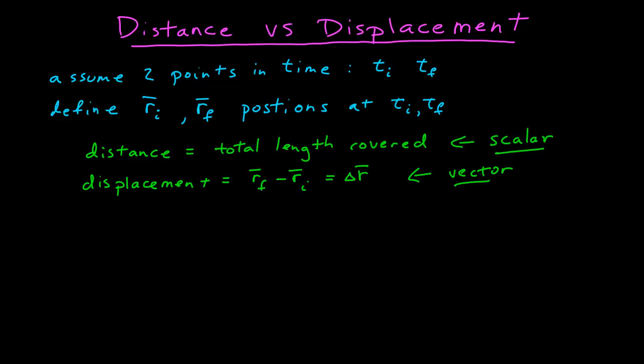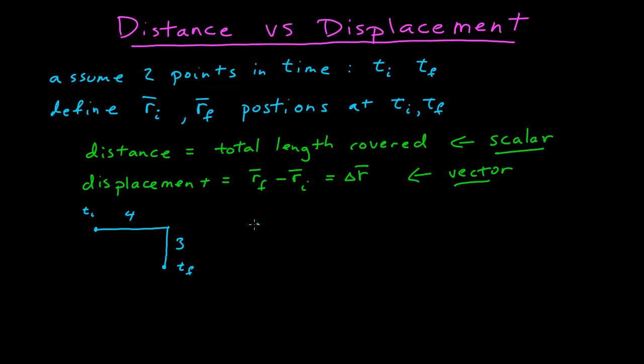So just as a very simple example, imagine that we have some particle. It traveled 4 miles to the east, say, and then 3 miles south. And so the time at which it was at this initial point would be t sub i, and then at some time later it's at this final point, t sub f.